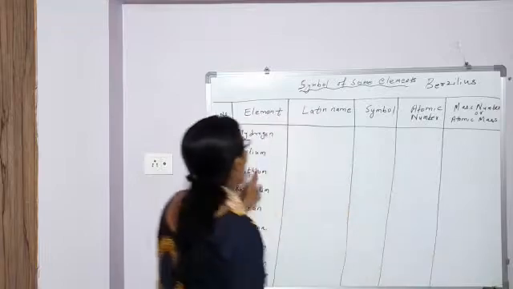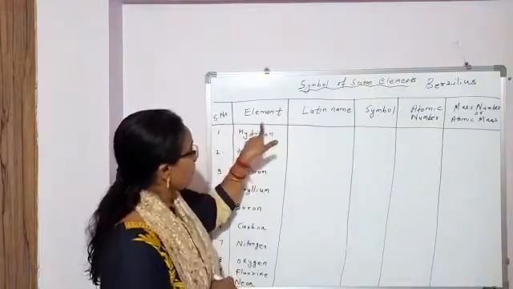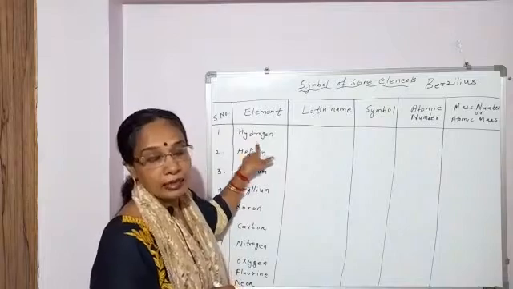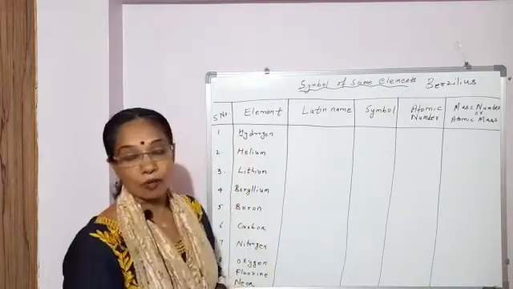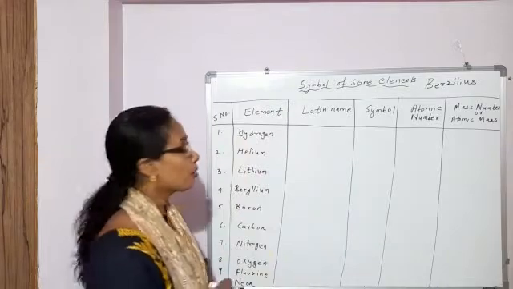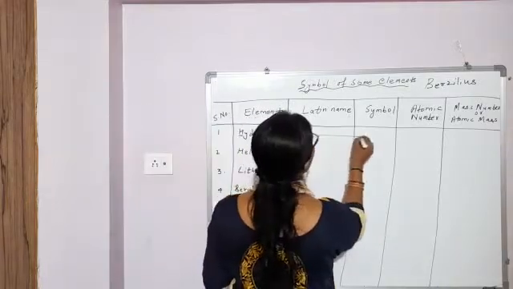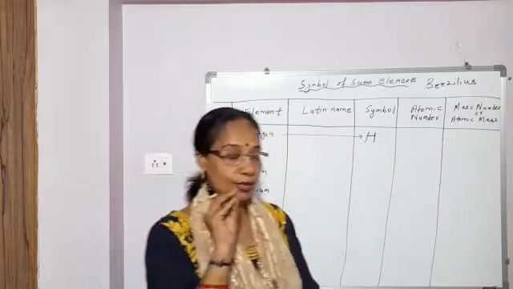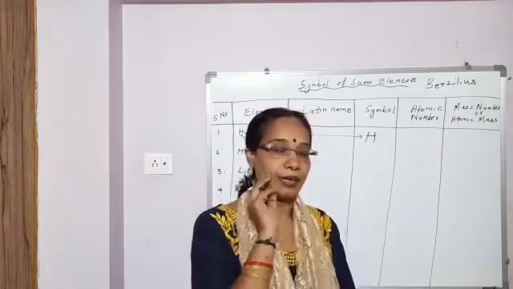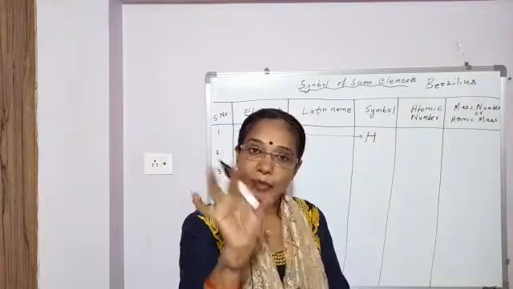Okay, so hydrogen, the symbol of the element comes from its first letter. And what is the first letter? H. So, what is the symbol of hydrogen? H, capital H. And remember students, there are some rules for writing a symbol. The first letter should be capital.